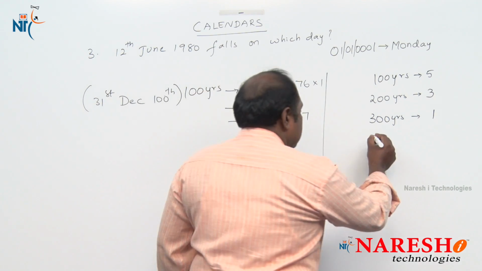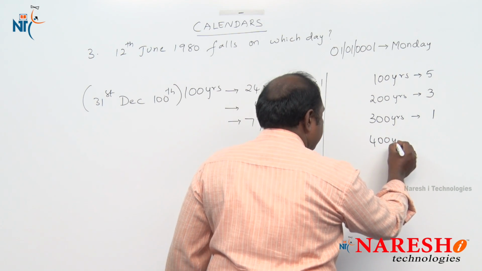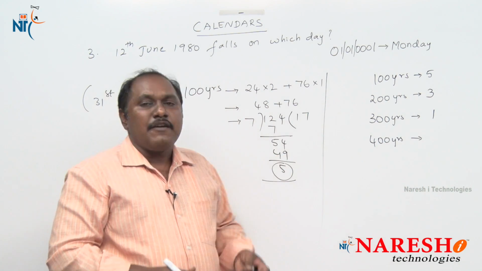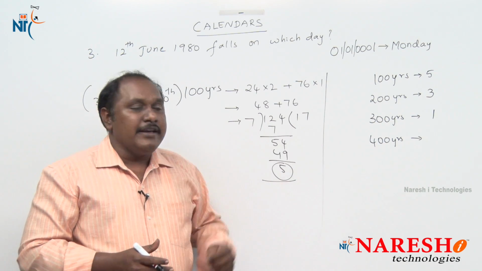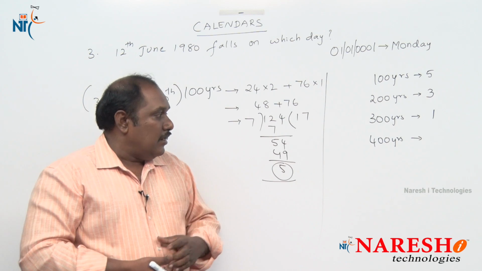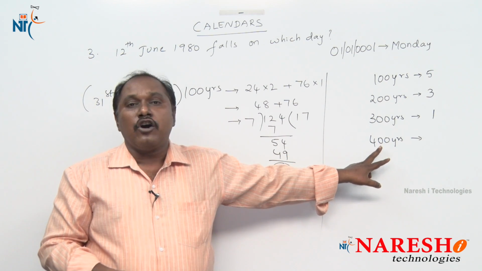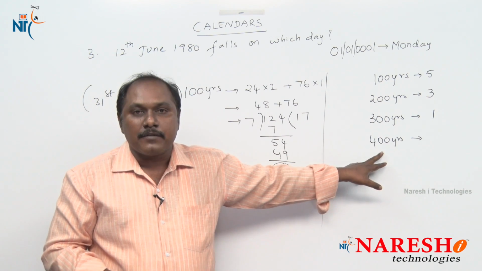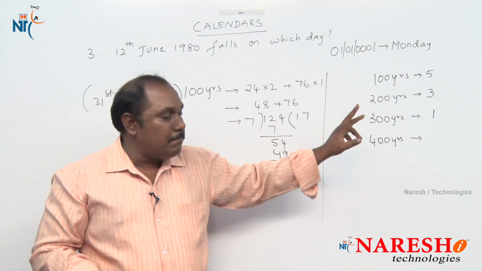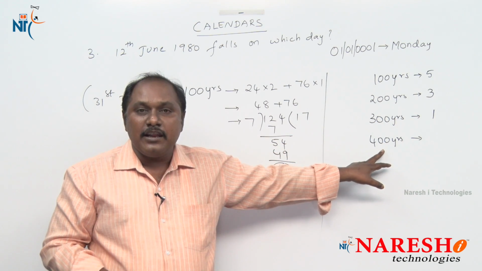Now, 400 years have how many odd days? If 100 years have 5 odd days, 400 years should have 20 odd days, 5 fours are 20. But this 400th year, according to the calendar, is a leap year. The 100th year, 200th year and 300th year are not leap years, but the 400th year is a leap year.